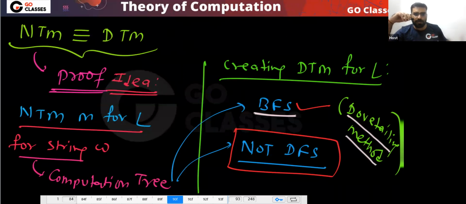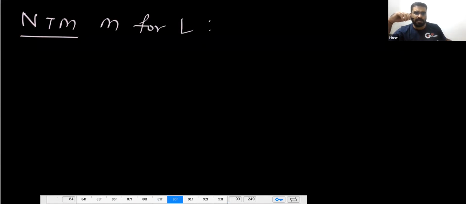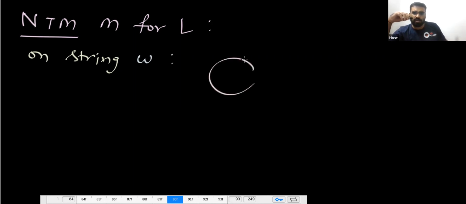You know in an NTM what happens. If you have a non-deterministic Turing machine M for L, then on any string W you will start in the start configuration.